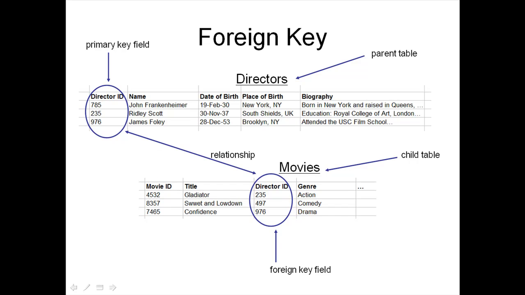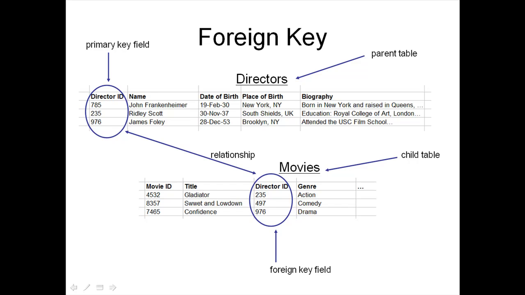Another important concept is the concept of foreign keys. Foreign keys are non-primary key fields which link the table where they exist to another table through that other table's primary key field. If you look at the structure here, you see a directors table and the movies table.